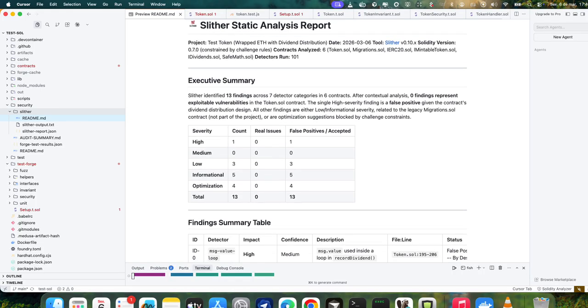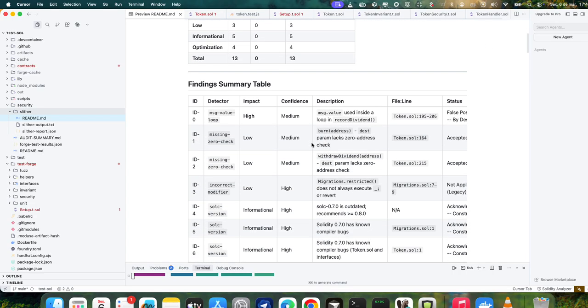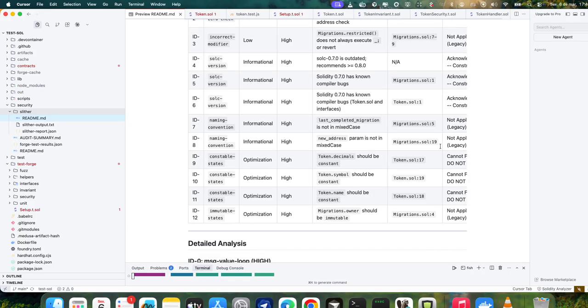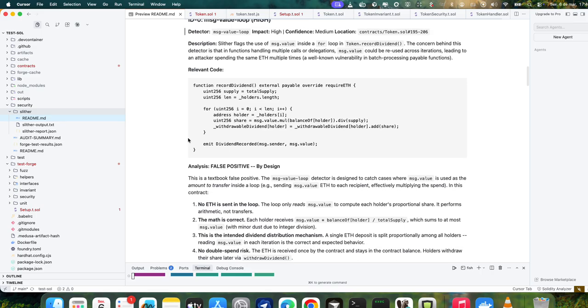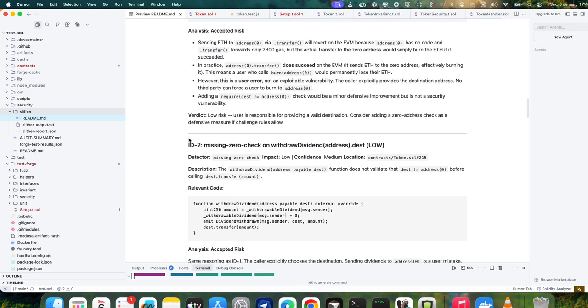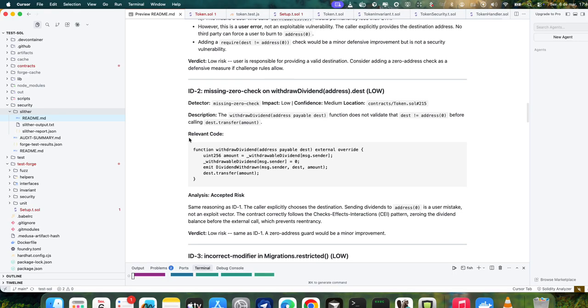But in our case, we're using it for arithmetic to compute proportional shares, not sending ETH in the loop. The low-level findings are missing zero address checks on burn and withdrawDividend. These are accepted risks since the caller explicitly provides the destination address. The remaining findings are informational items about the Solidity version and optimization suggestions blocked by the challenge constraints.